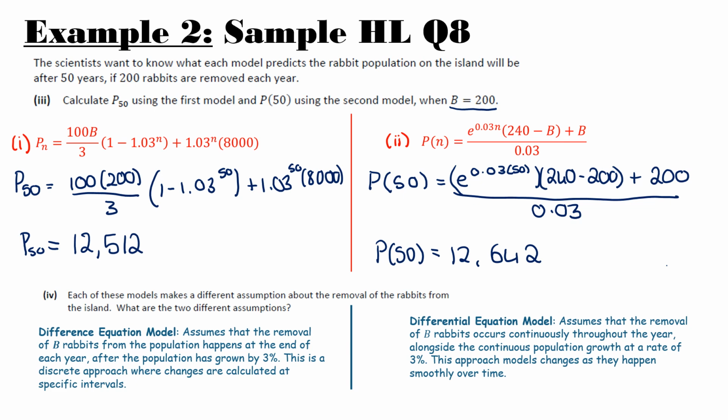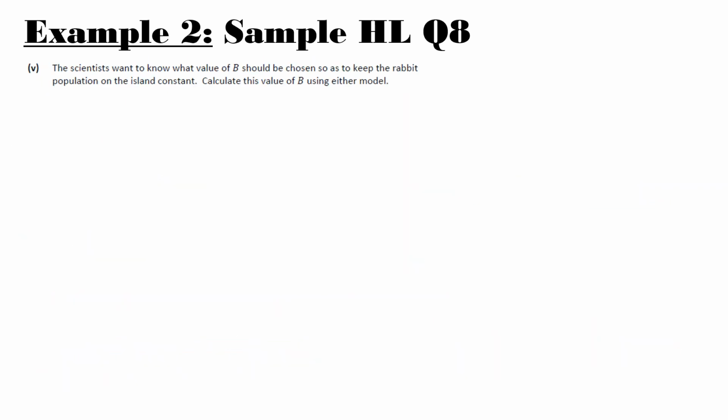So that could be better suited to a scenario where the rabbits are maybe dying off due to disease or are being eaten by predators, while the difference equation model might be more suitable in a case where the rabbits are being physically removed at a given point in the year by the scientists.